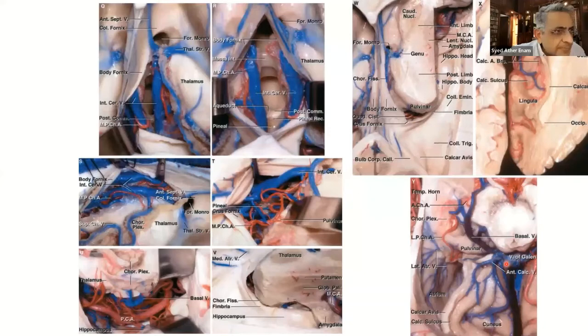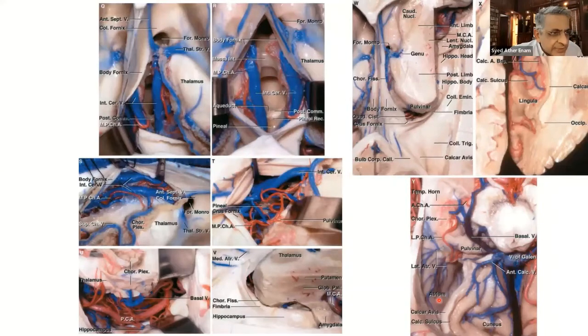The tapetum is over here, and you notice how the lateral ventricular veins are coming in, and the choroid plexus is curving like a C over here. Notice the posterior choroidal vessels are in there, and they can supply the choroid plexus or the meningioma and things like that.